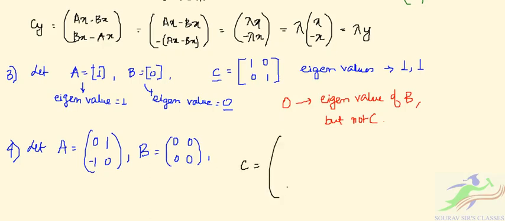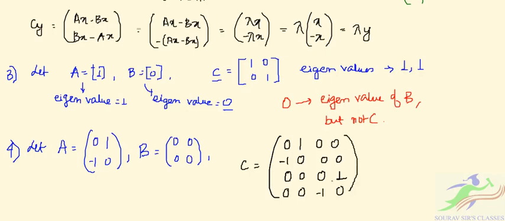In C the first row will be 0 1 0 0, then minus 1 0 0 0, the third row will be 0 0 0 1, and the final row will be 0 0 minus 1 0.